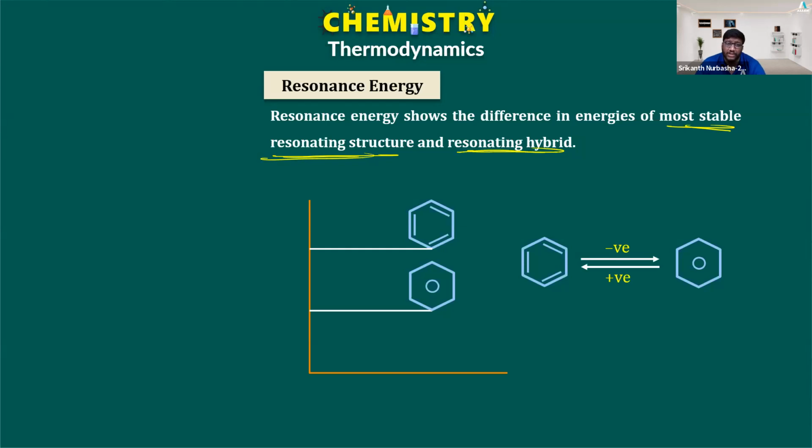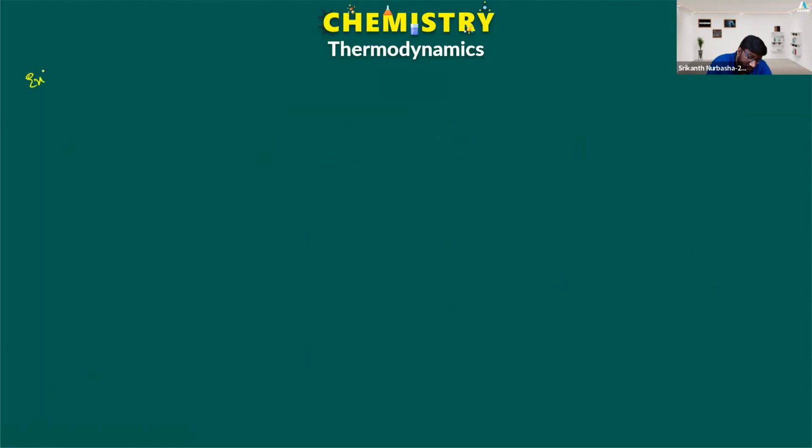So the first example is: calculate the delta H of the reaction CH2Cl2 gives rise to C plus 2 hydrogens plus 2 chlorines.